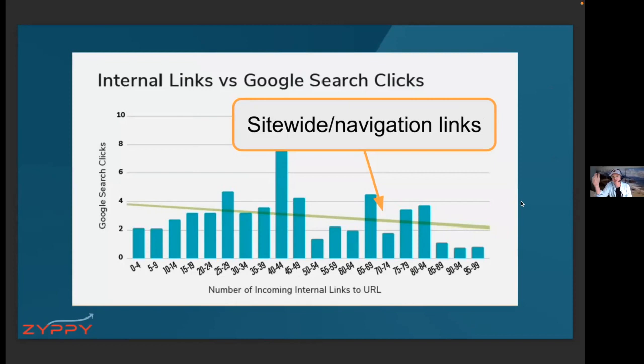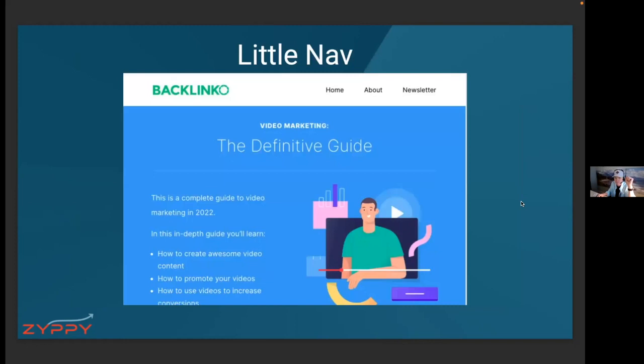And so then it starts to make sense why we saw that negative decline after a certain point, because these pages were not being linked to in the body. These were site-wide navigation links where we started to see that negative correlation again. And it could be because they didn't have as much anchor text variety. Not going to draw any conclusions yet at this point. So we see examples of this in the wild.